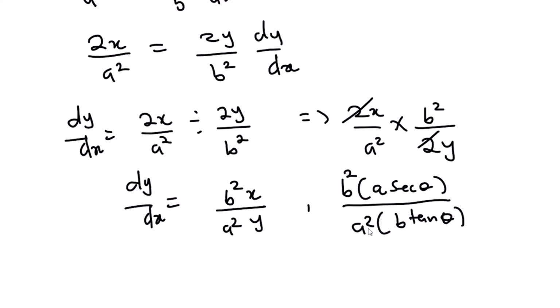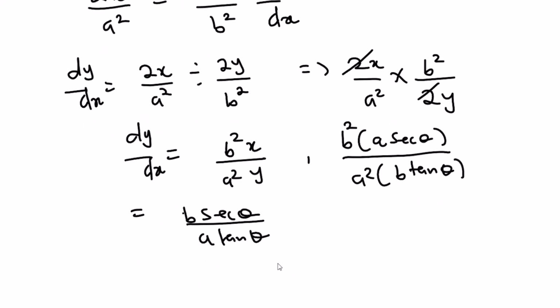Now we have b and b. So basically this is going to be b sec theta divided by a tan theta. Alright, so this is how it's going to be.